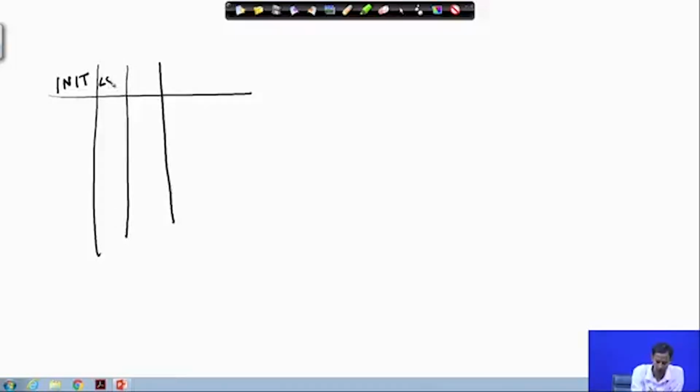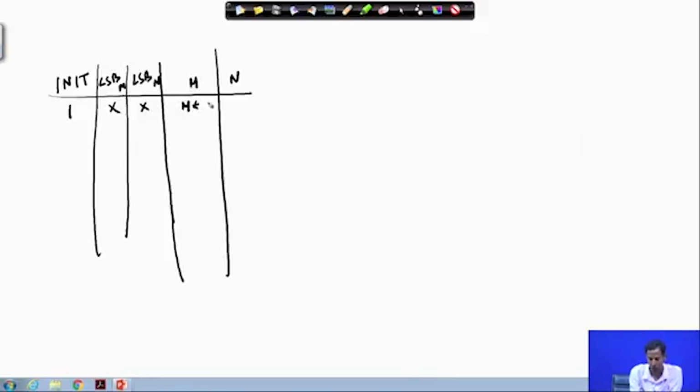This is the LSB of m, this is the LSB of n, and this is the corresponding m and n. If this is 1, whatever the value, m equals m next and n equals n next.